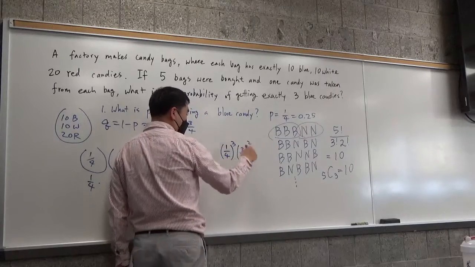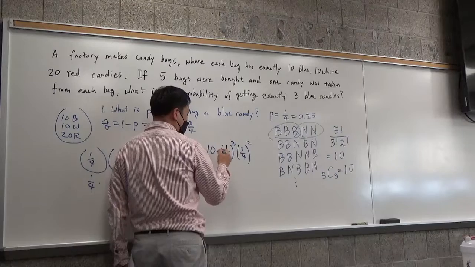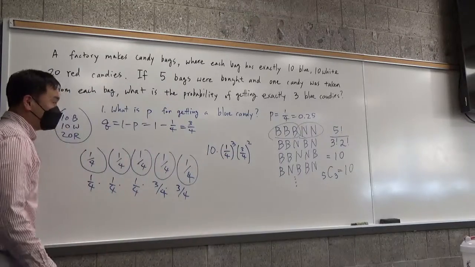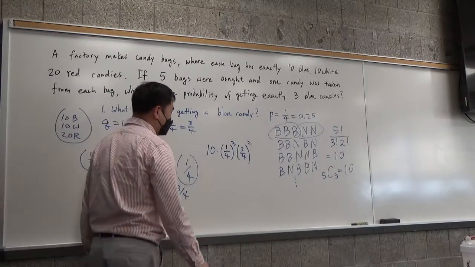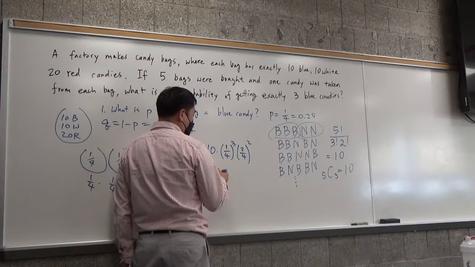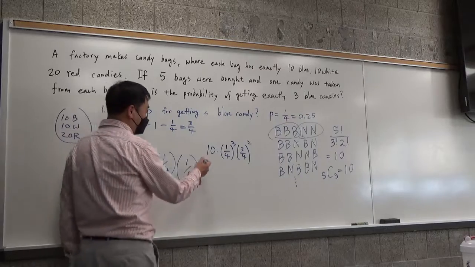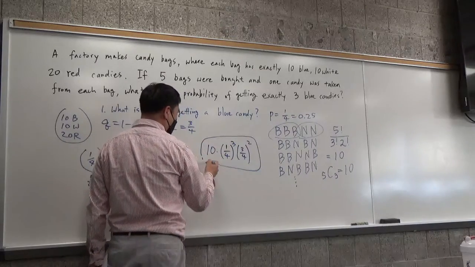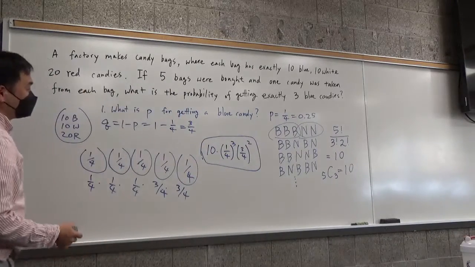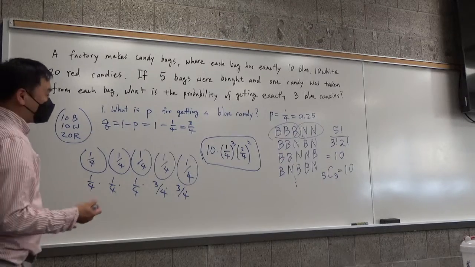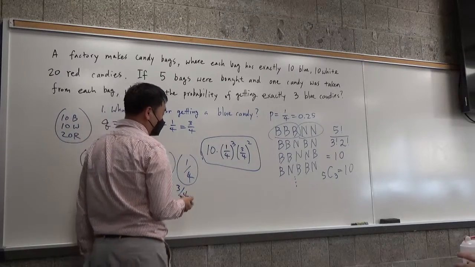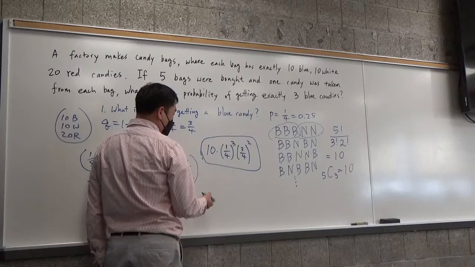But because there are 10 of them, you put 10 here, and that's the answer. Okay? In fact, I would just accept this one, because it shows exactly that you understand what's going on. Okay? Yeah.